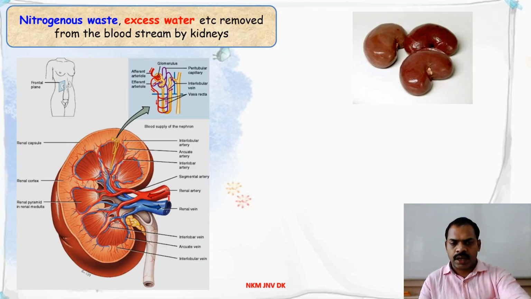You can see the renal artery entering into the kidney and branching and branching, and it has a unit of filtration that is called the nephron. Through the nephron the blood will be filtered. We are going to discuss how that mechanism works. Okay, cross section of human kidney.